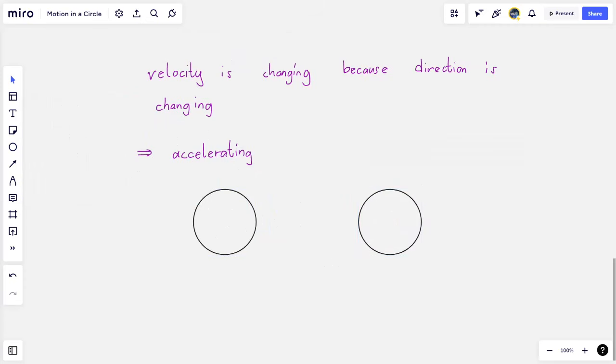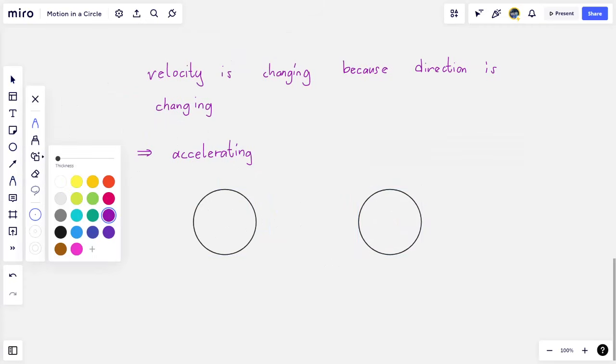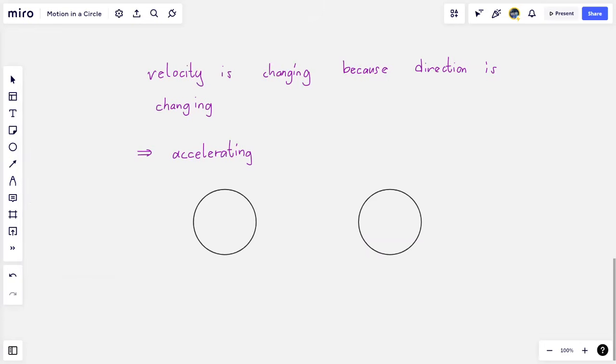You could be accelerating without your speed changing, and that's the topic of oscillations. Okay, so if I consider the object moving in a circle, we haven't yet considered why the object's moving in a circle or what type of circle it is, but it is moving in a circular path.